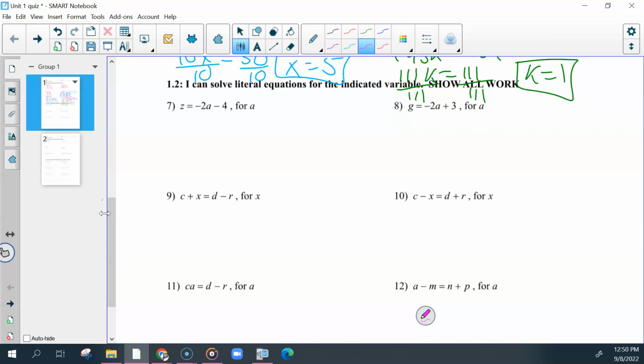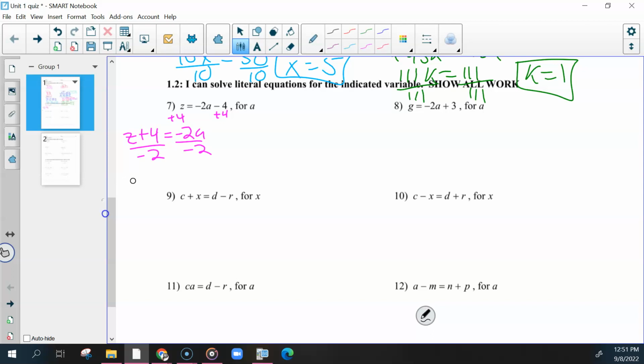Some of you may have taken this and added 4 to the other side. So we have z plus 4 equals negative 2a. And then divided the entire thing by negative 2. If you did that, we in math normally do not see the negative in the denominator. So you would need to do one of two things.